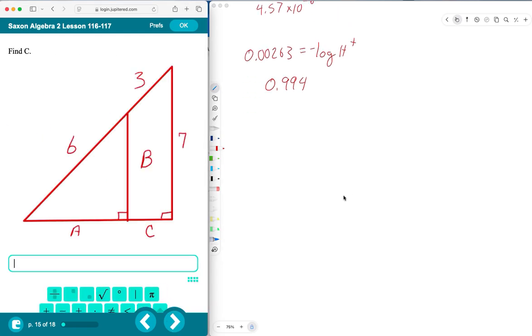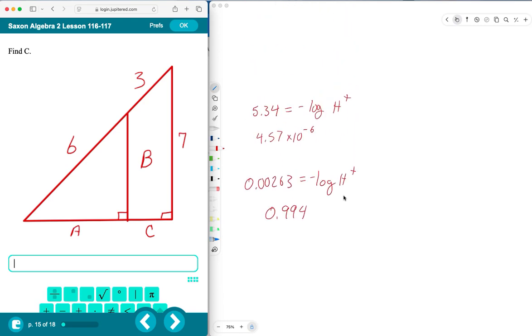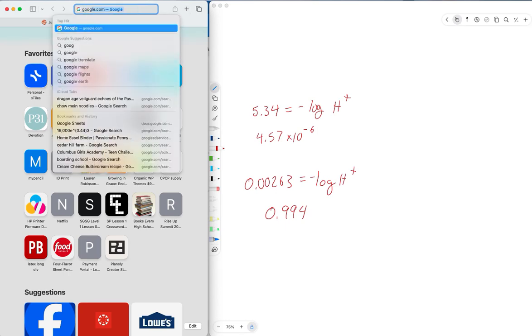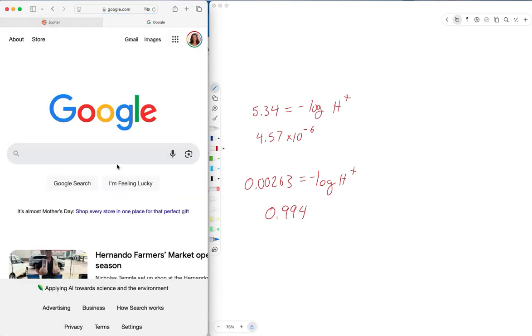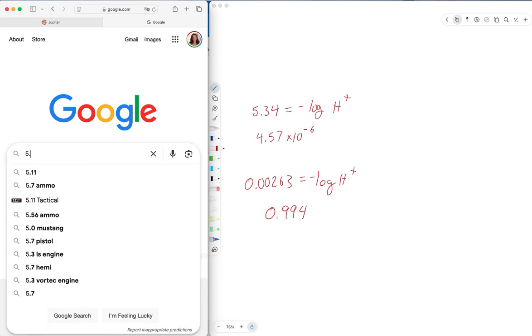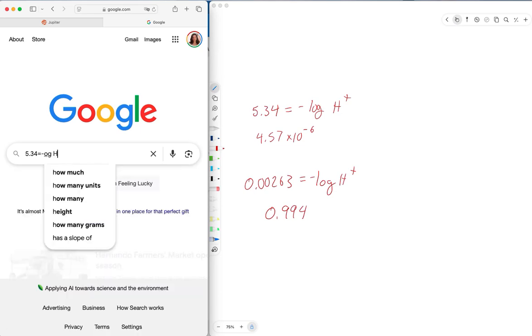Find H plus. Again, look, these right here, you can always go to Google calculator. See if I can get it. Just go to Google and type it in. 5.34 equals negative log H plus.